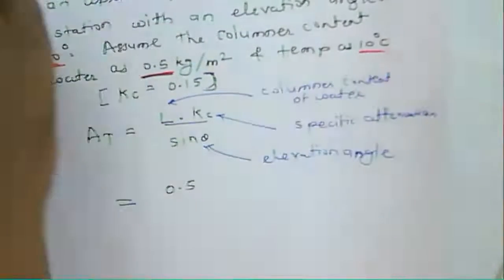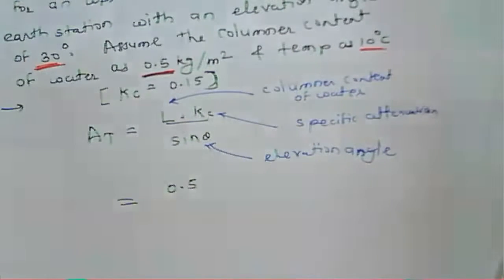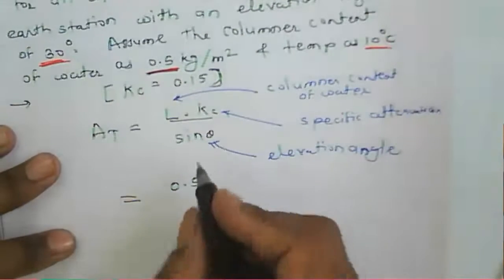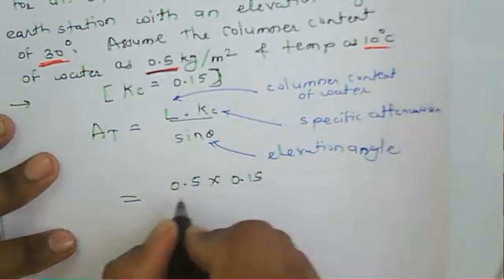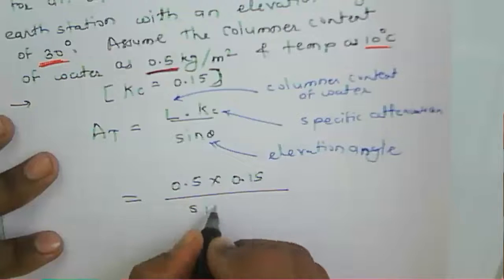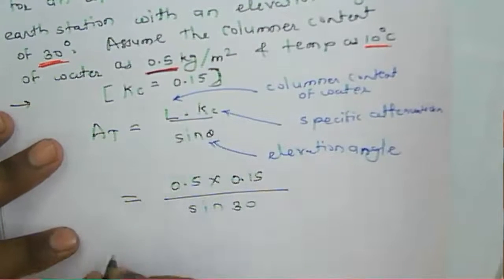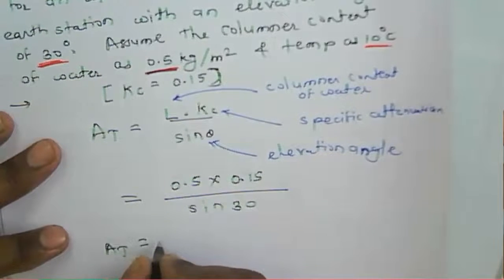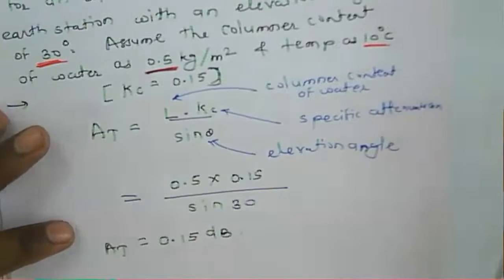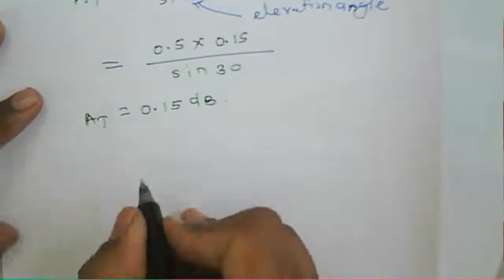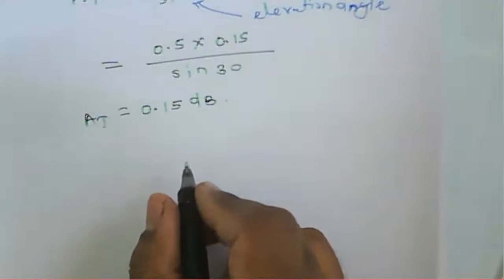Temperature given is 10 degrees. So AT is equal to 0.5 into Kc, Kc is 0.15, divided by sine of theta, theta being 30 degrees. After solving, we get AT equal to 0.15 dB. That is the total cloud attenuation.